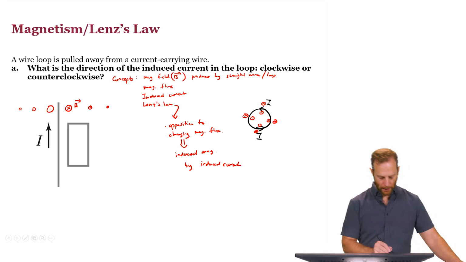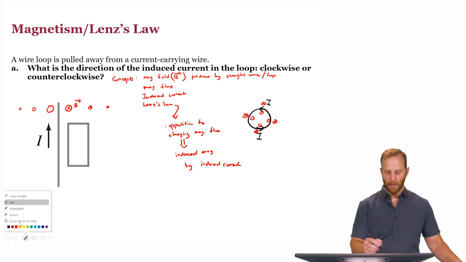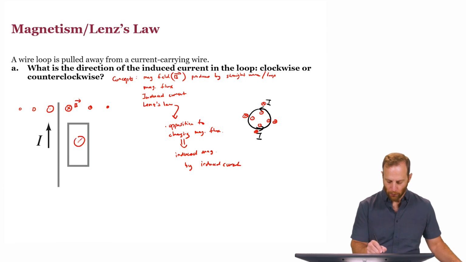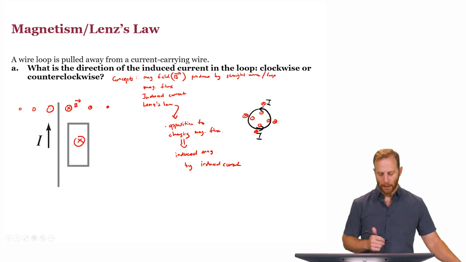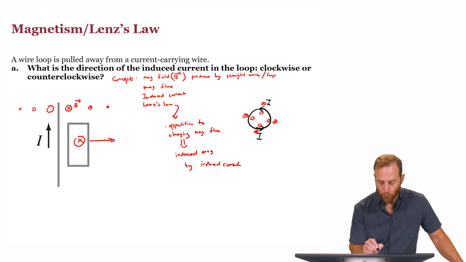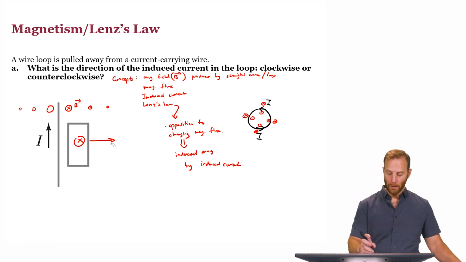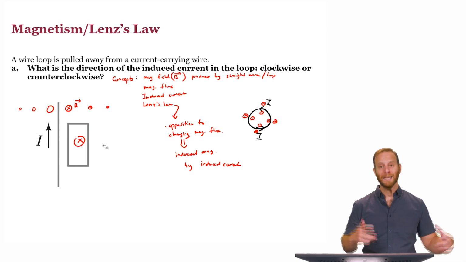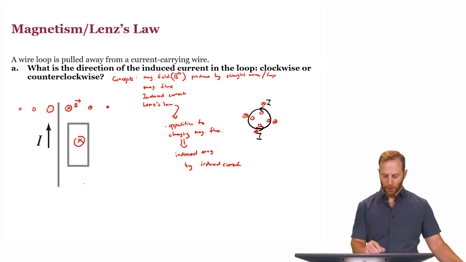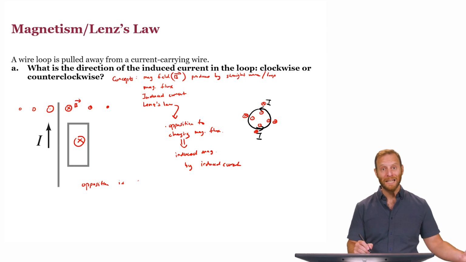So let's think about it like this. There is currently a magnetic flux in this loop of wire, and it points into the page. The loop is taken to the right, making the flux through that loop get smaller. So the flux into the page is getting smaller, and the opposition to that would be a flux into the page.